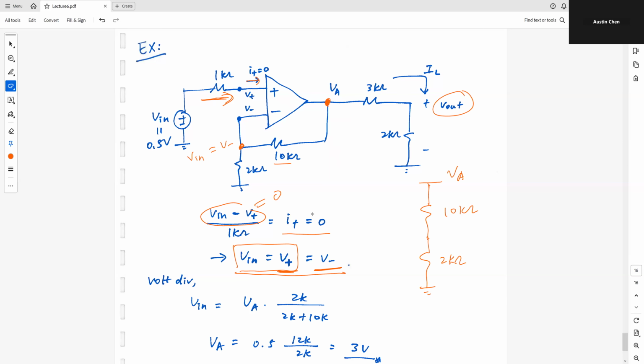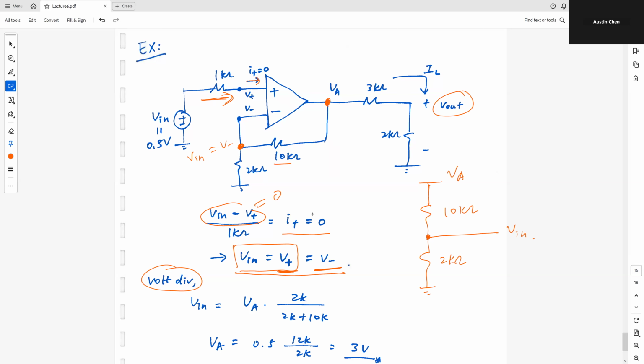At this point over here, this is my V in. I simplify this problem so that I can use voltage division to find my VA.